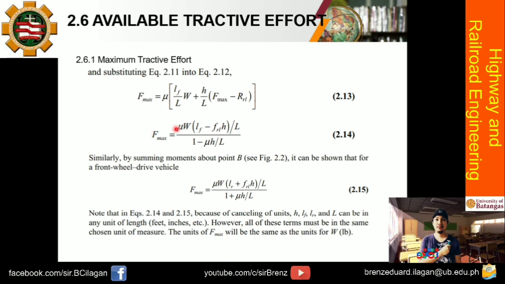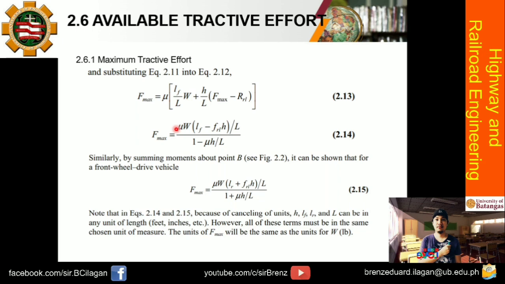Or in a simplest form, F sub max is equal to mu times W, quantity of L sub F minus F sub RL times H over L, over 1 minus mu sub H over L. So it is the same equation. This was just done to make it easier to understand.